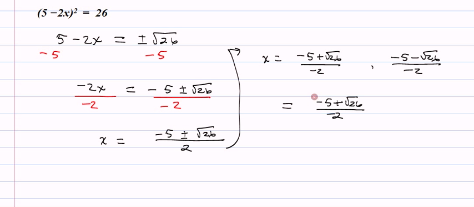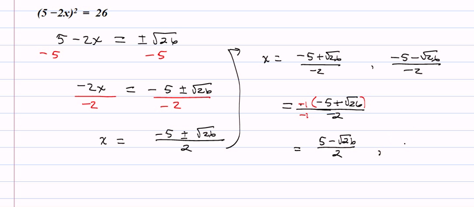If we just multiply the top and bottom of this fraction by a negative 1, you may think it's a sneaky little trick, but what happens is negative 1 times a negative 2 in the denominator gives me a positive 2 down there. And I multiply the top by a negative 1. Well, the negative 1 carries through the parentheses, makes this a positive 5 minus the square root of 26. So this is the same as this. It's just a little cleaner.